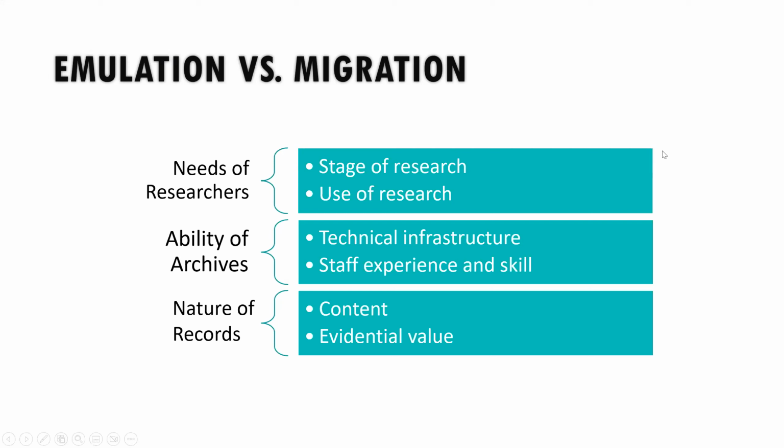If that's the case, then maybe emulation or copy and provide might be a better choice because the records will be more authentic. If it's going to be a less formal use, then perhaps migrated records are perfectly fine, even though some changes to the records have occurred.